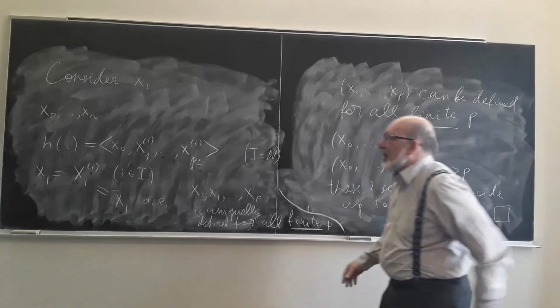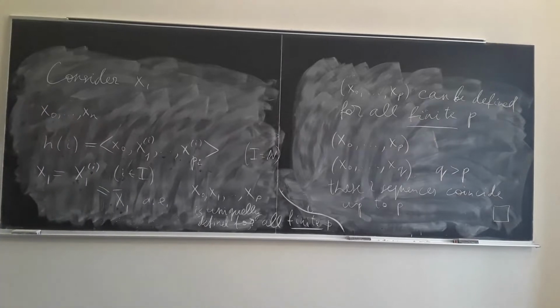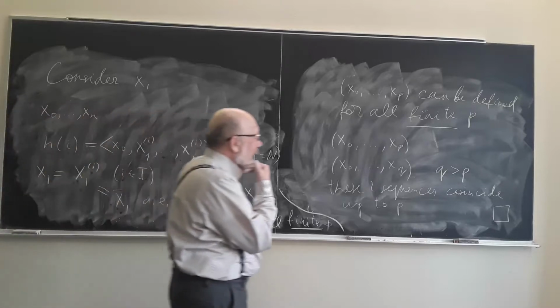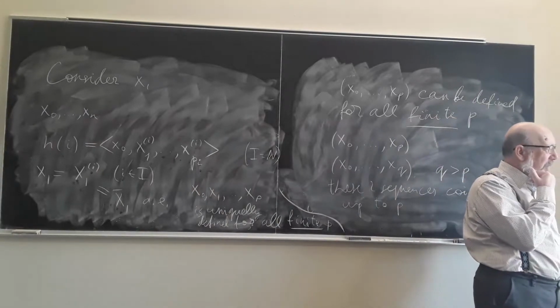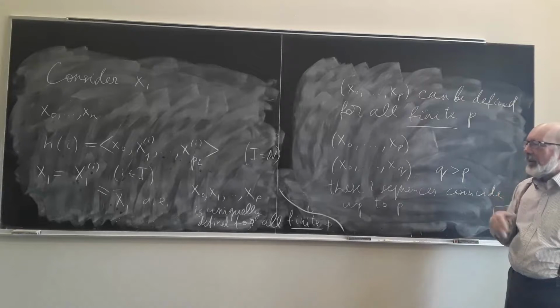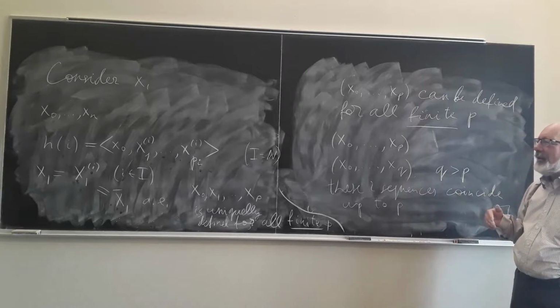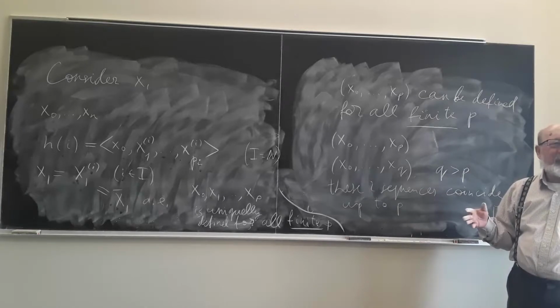So this theorem, in fact, this lemma does not require the full strength of the axiom of choice. It can be proved without so much axiom of choice, so it is weaker than the axiom of choice.